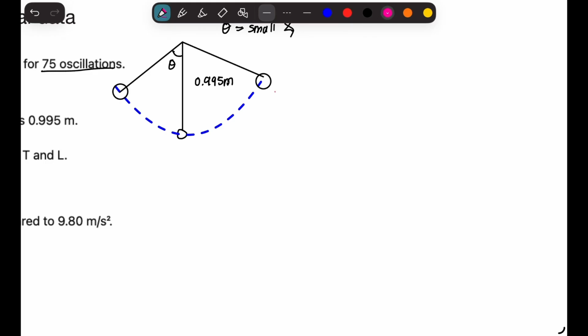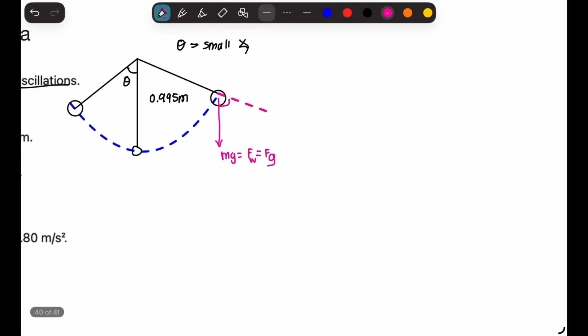You're going to have your mg going down, your F weight, aka your FG, and you're going to have an angle here, at an angle of theta. You can draw this here.